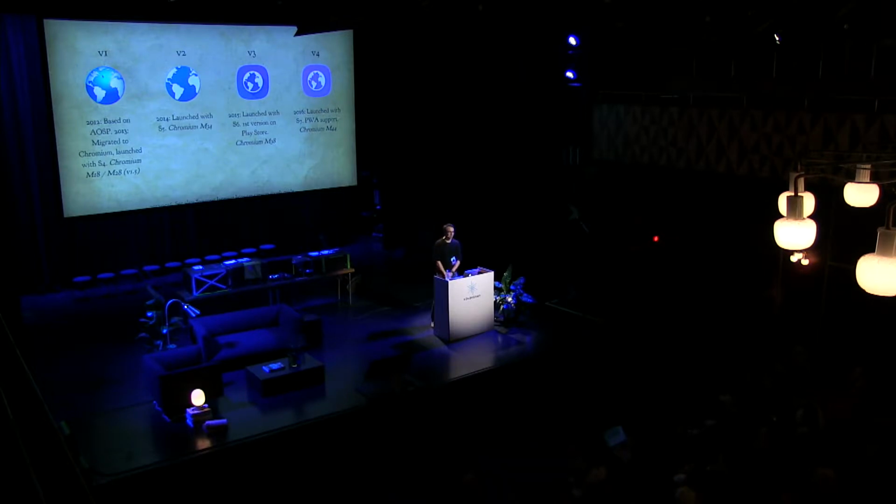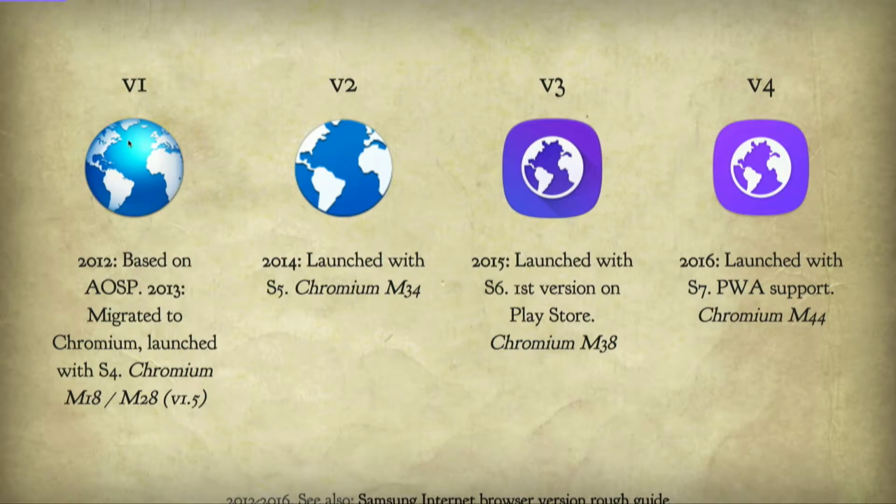So I found out a bit more about it, and I found out that actually it was created back in 2012, and it used to be a version of the stock Android browser, AOSP. Then a year later, the first version came out that was based on Chromium, and that launched with the Samsung Galaxy S4 phone. And the original first version that was migrated to Chromium was based on Chromium 18.